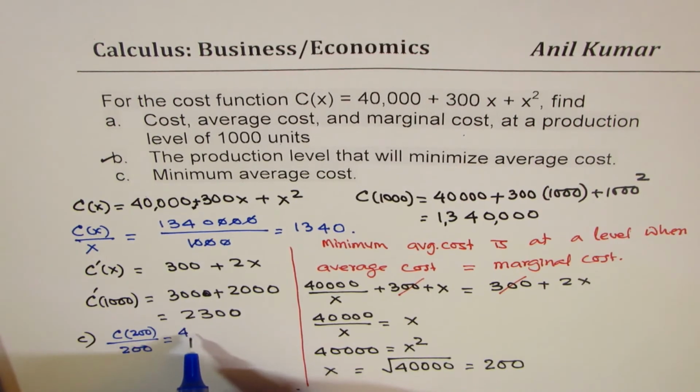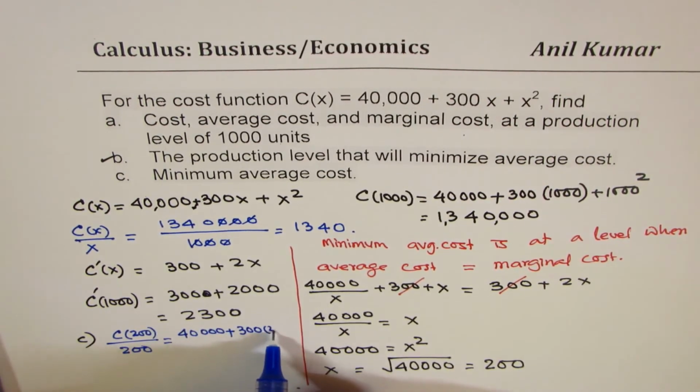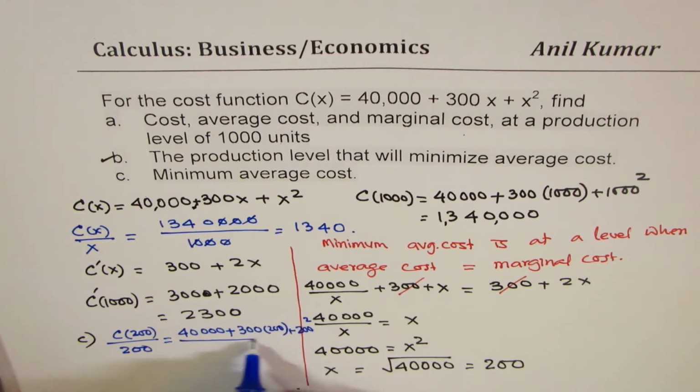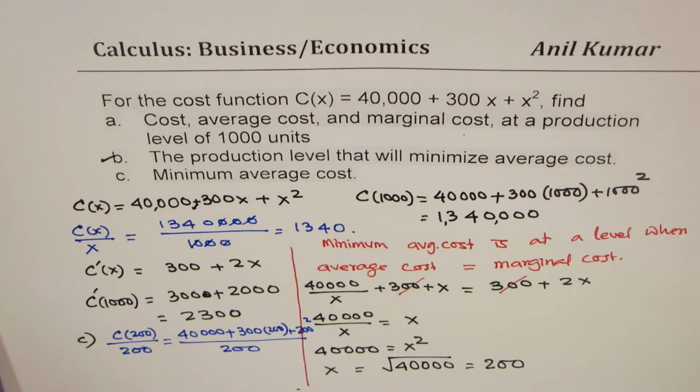Which is 40,000 plus 300 times 200 plus 200 squared, divided by 200. So let's find this cost.